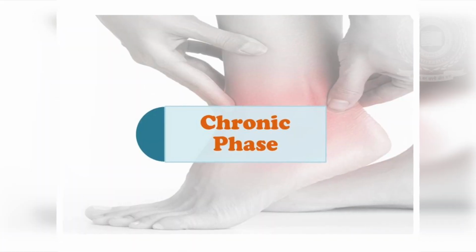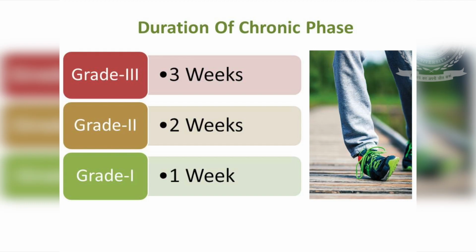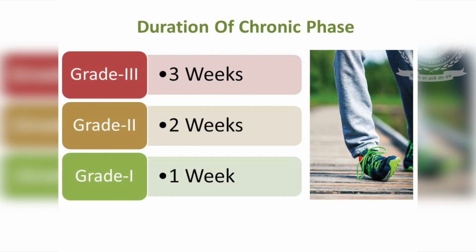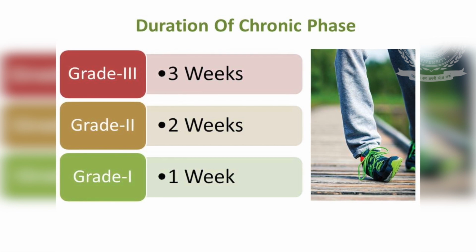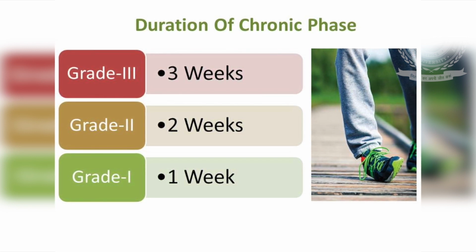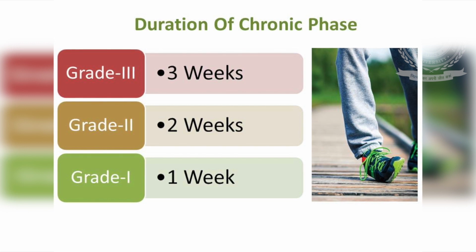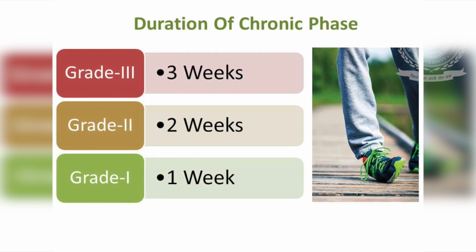Now I'll discuss the chronic phase. The duration of the chronic phase for grade 1 ankle sprain is 1 week. For grade 2, it is 2 weeks. For grade 3, it is 3 weeks.